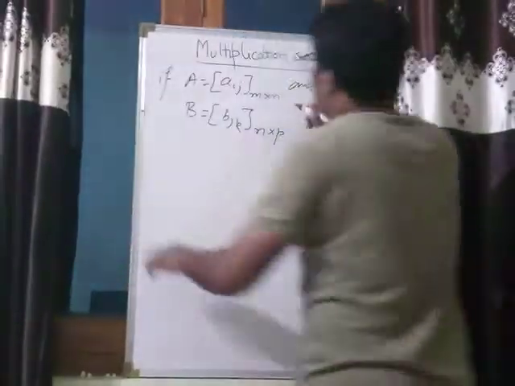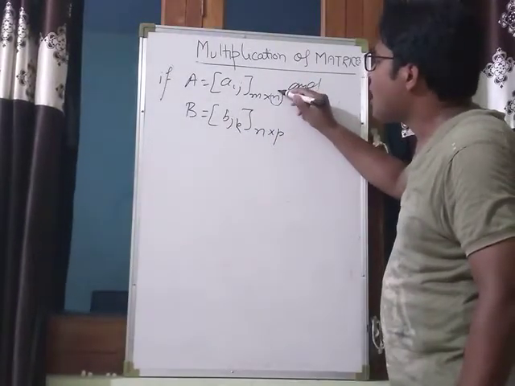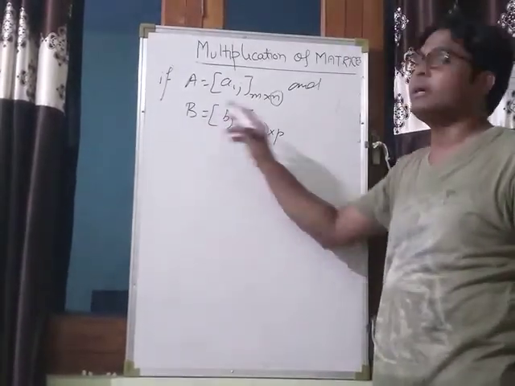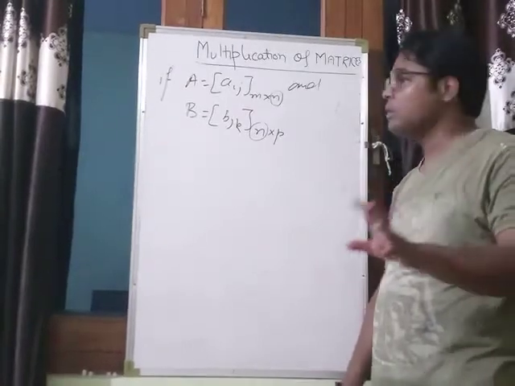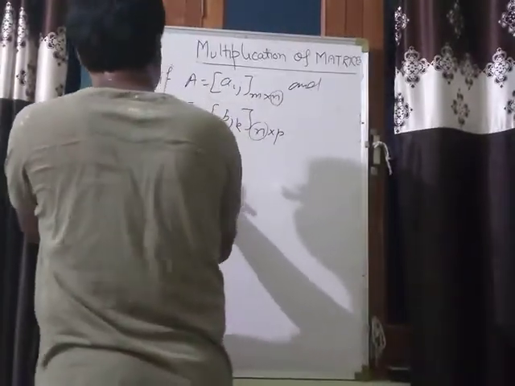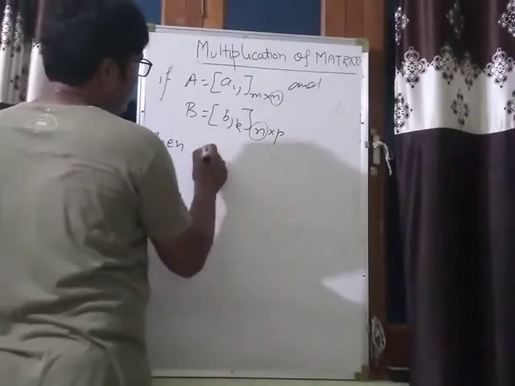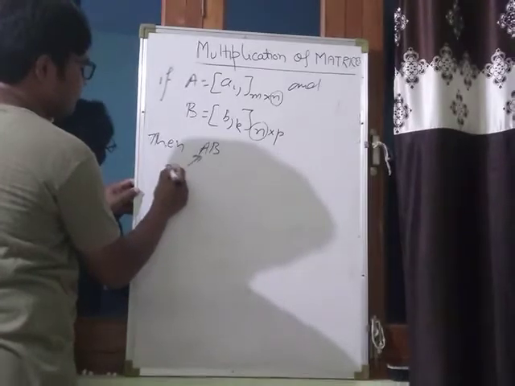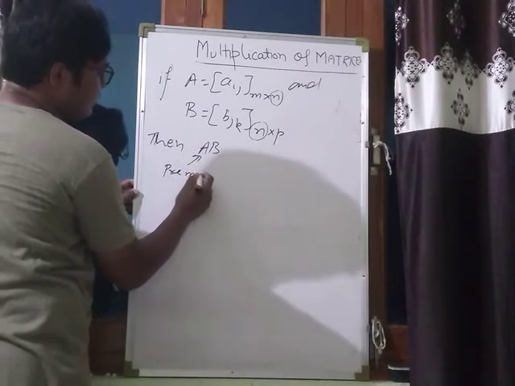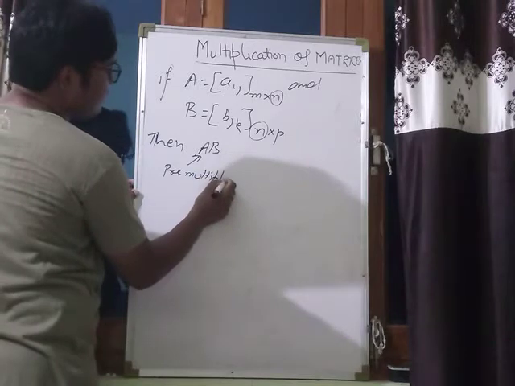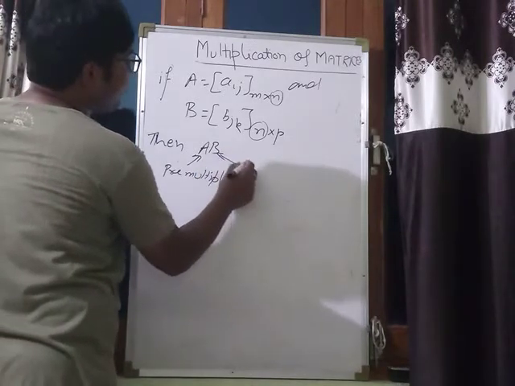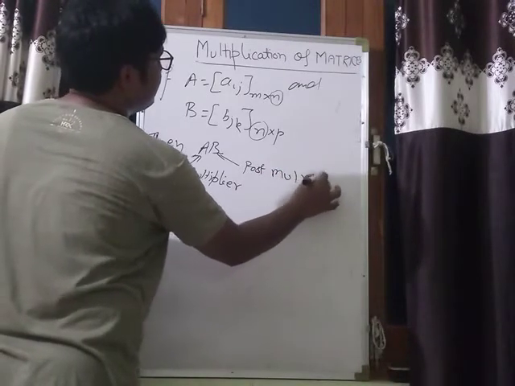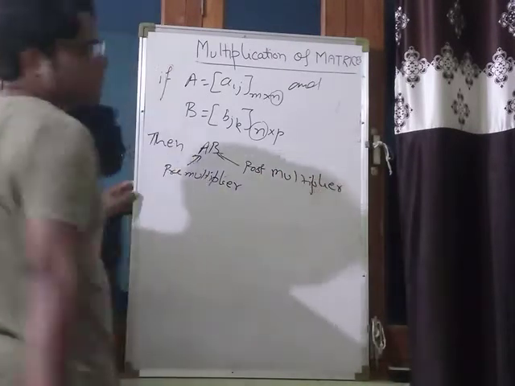See, the number of columns of matrix A is the same as the number of rows of matrix B. Okay, then in AB, this is the pre-multiplier and this is the post-multiplier.